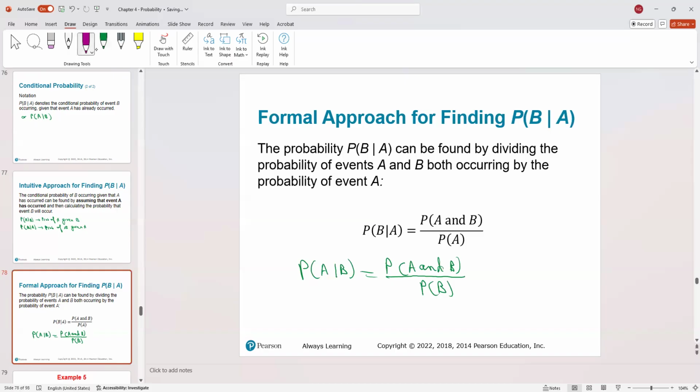In some books, you see probability of A intersect B over probability of A, or probability of A intersect B over probability of B. What you need to remember is that A and B or B and A is the same, because you only take the intersection of these two.